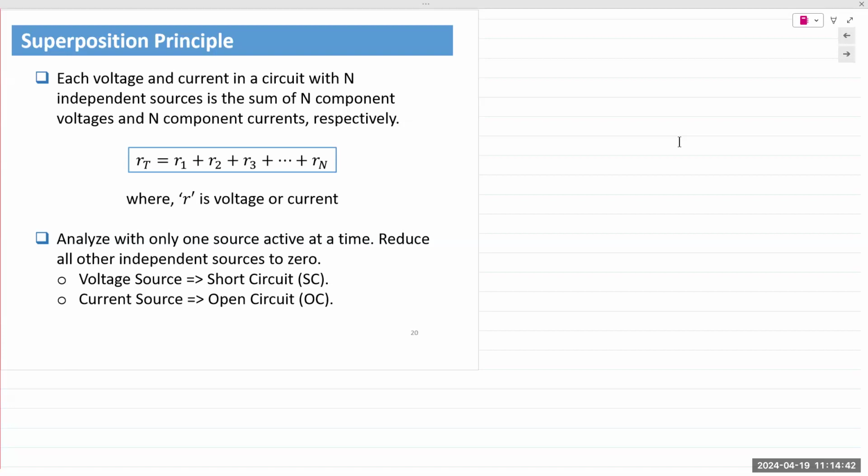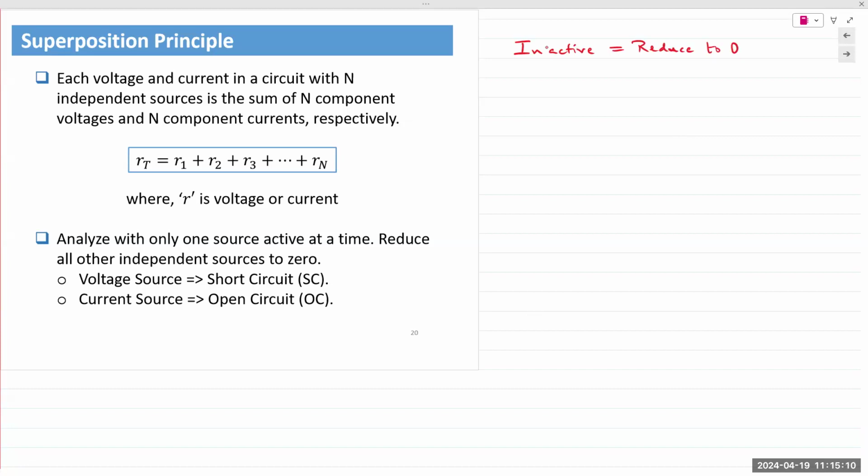So when we say active and inactive, what do we mean? Active and inactive means we reduce the value of the source to 0. So let's say inactive would mean reduce value of the source to 0.